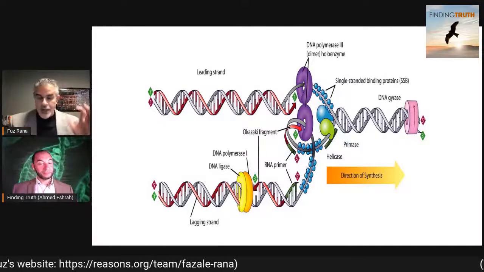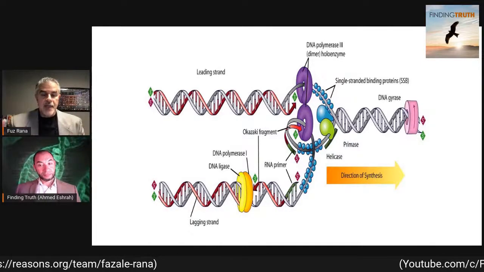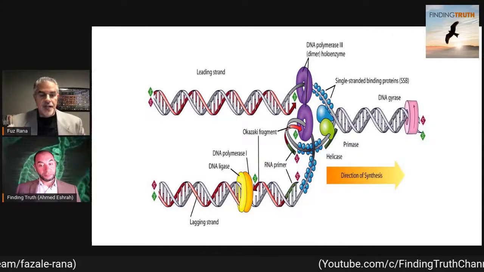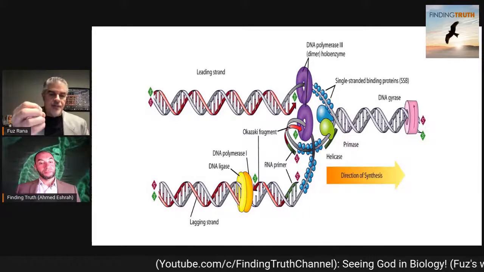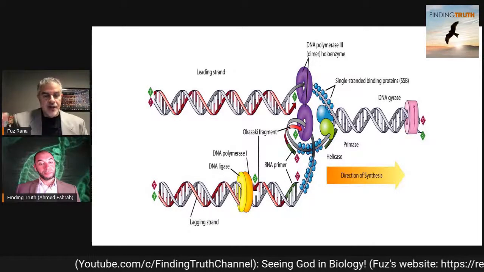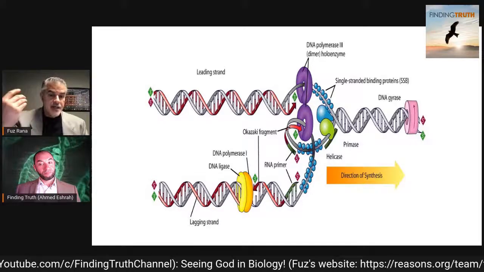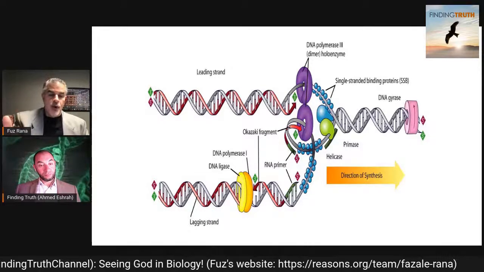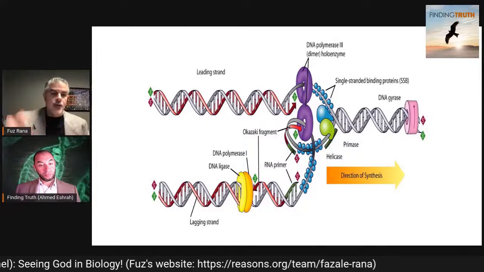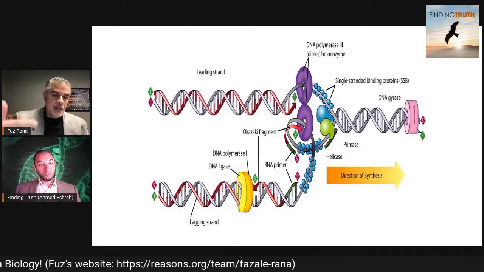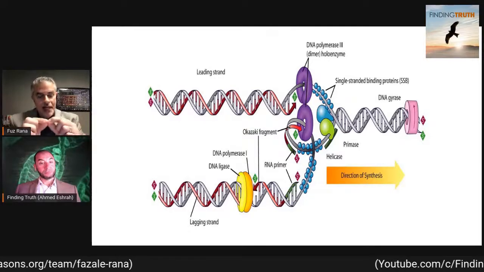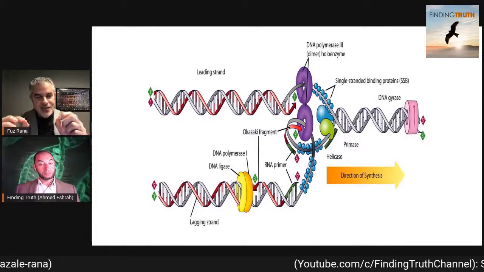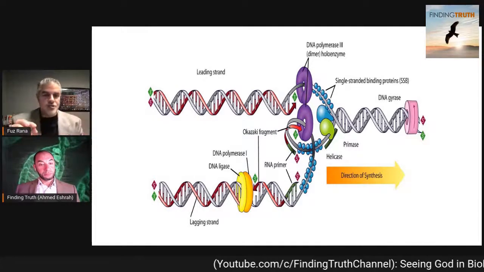Once replication is done, there is an enzyme called an exonuclease that will come in and take out the RNA primer. After it does that, another DNA polymerase that's different from the one that replicates the DNA will come in and fill in that missing piece of DNA. And then an enzyme called a ligase will join that little DNA fragment to the continuous strand.